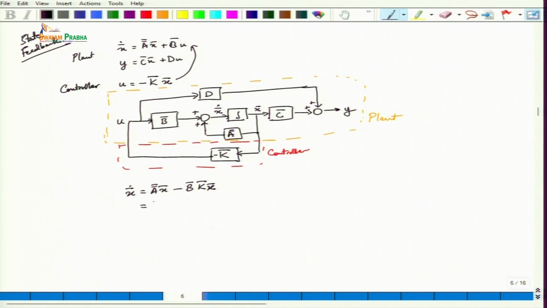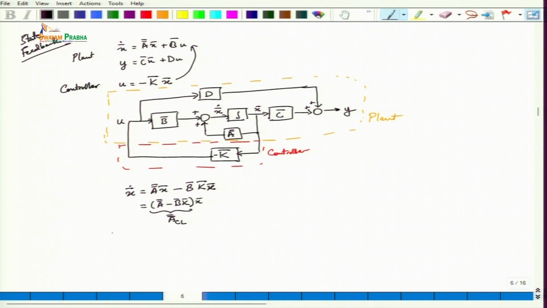This we can represent as A minus BK, the whole thing times x, and this represents the A matrix of the entire closed loop system, that is the plant plus the controller.